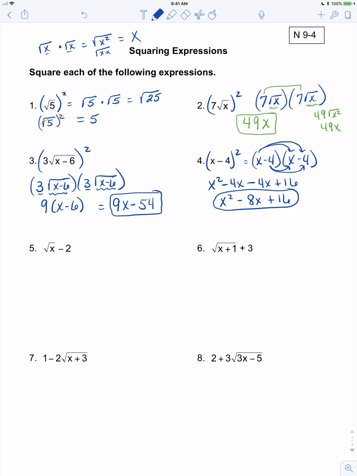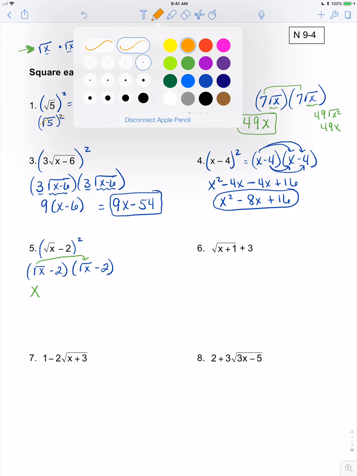Okay, so we've got the square root of x minus 2, and we're going to square that. So we have square root of x minus 2 times the square root of x minus 2. Let's think about FOILing that. Square root of x times the square root of x, just like we did up top, is just x.